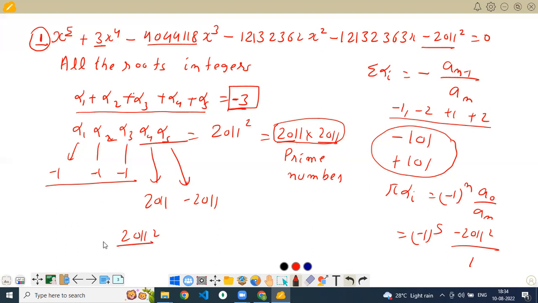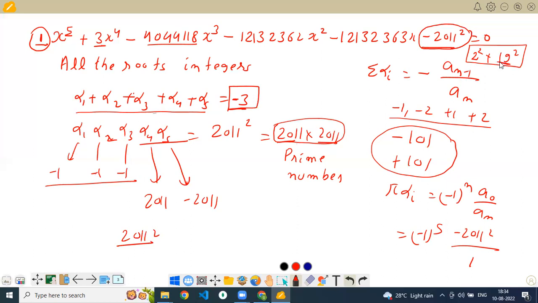And the sum is minus 3. So remember, in such questions, the trick is always this number, this a0, which gives the product. It will be either a prime number, or even if it's a multiple of primes, the number will be very small, like 2 square into 19 square, something like that, so that you don't get many factors of this number, and the summation is very small.